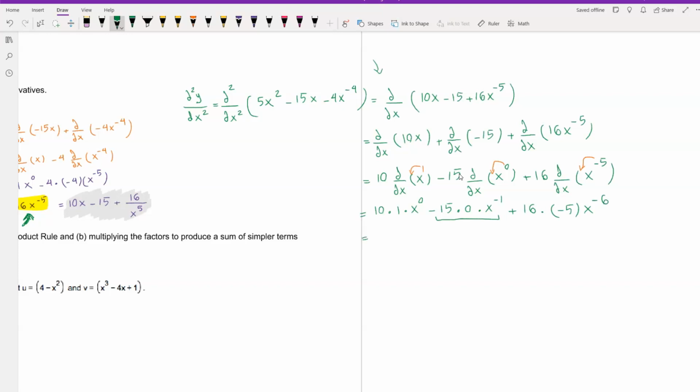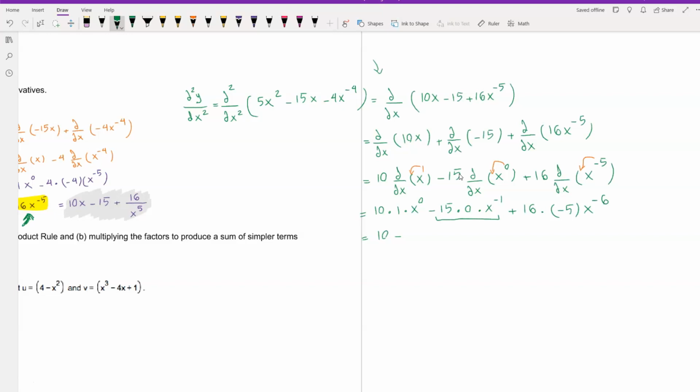So what our final answer is x power 0, that is equal to 1. So here we have 10 times 1 times 1, so that is 10 minus, here we have 0, negative 15 times 0 times x is negative 1, that is 0, so I'm not going to write that part.